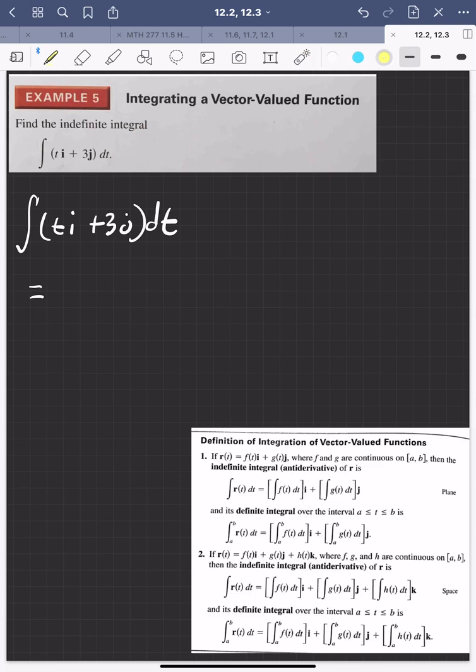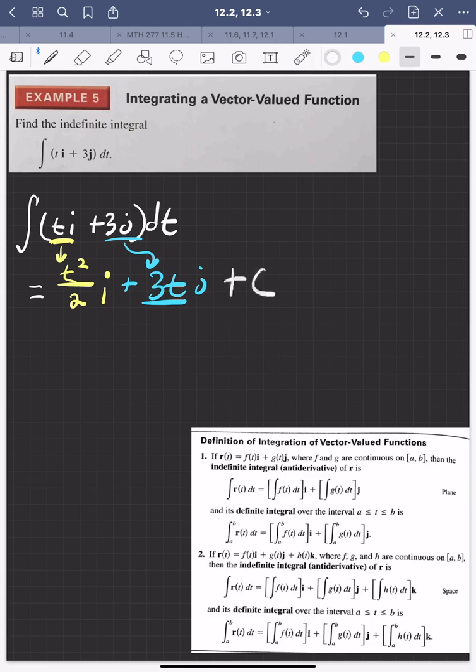The integral of t would just be t squared over 2 in the i direction. So that goes here. And then let's integrate 3, and that's just going to be 3t. That'll be in the j direction. And then as far as I'm concerned, since we're doing indefinite integration, you can just write plus c.